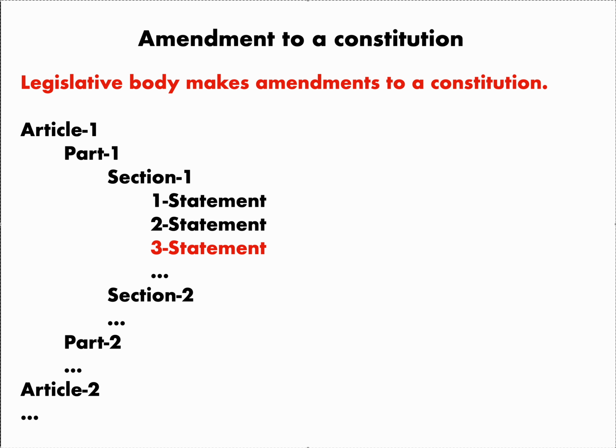When there is a change or an amendment to a constitution, the legislative body makes those amendments. In this example, they added a third statement under Article 1, Part 1, Section 1. So that's going to be a new law or bill.